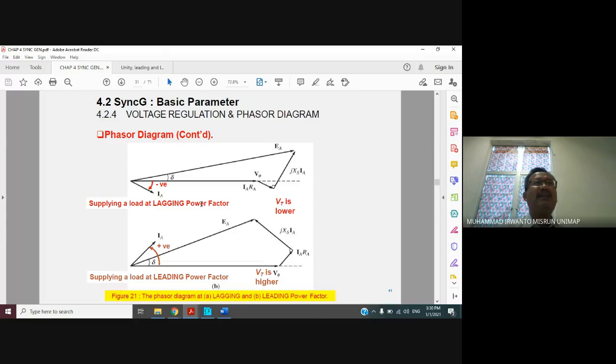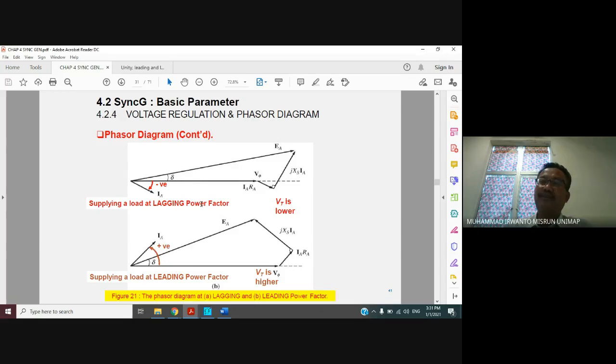Lagging power factor means the armature current lags the phase voltage by some number of degrees. Remember, lagging power factor is usually for an inductive load, or a combination of resistive and inductive load.